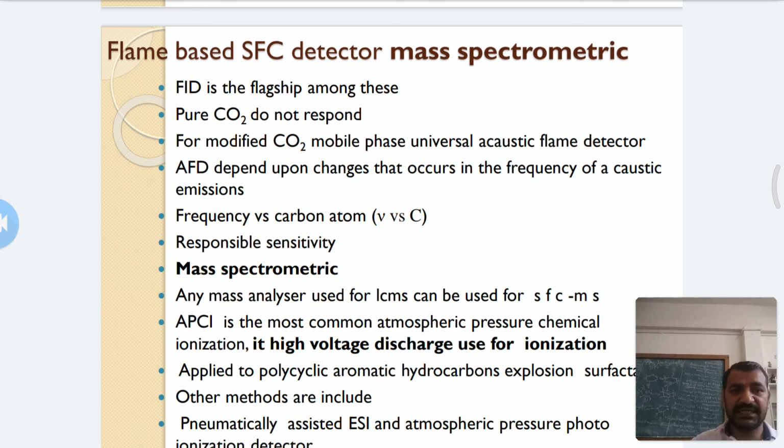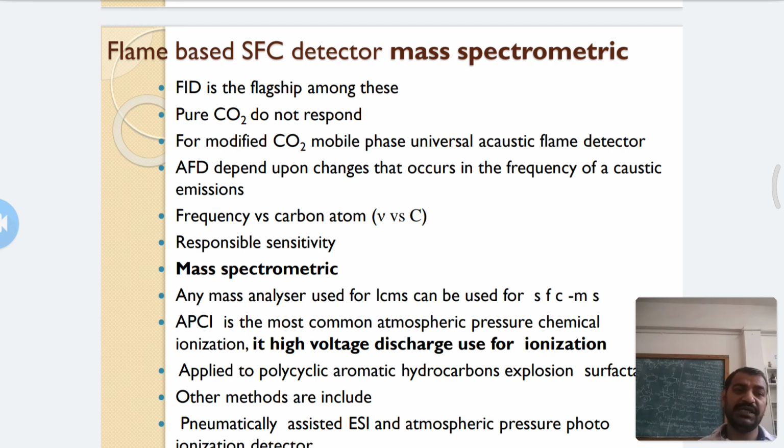Then the mass detector. Any mass analyzer used for LCMS can be used for SFCMS, meaning supercritical fluid chromatography mass spectrometry.